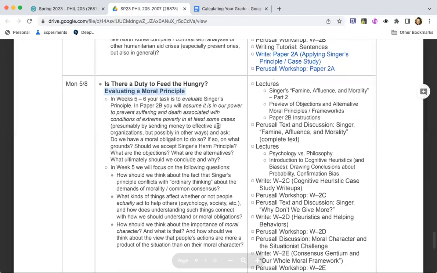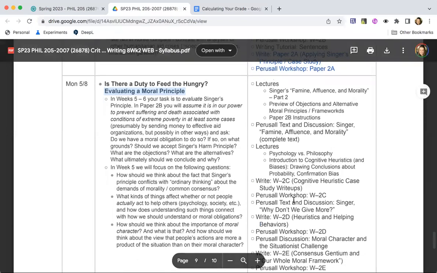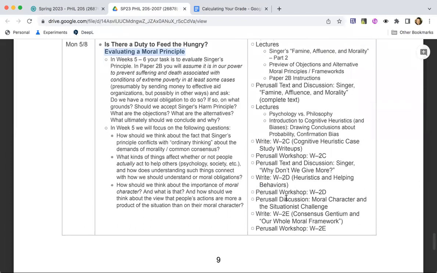We're going to focus in week 5 on the fact that Singer's principle conflicts with what we might call ordinary thinking or common consensus. So that's a theme that'll connect with our earlier content. We're going to look at the psychology of helping behavior. We'll look at what kinds of things actually affect whether or not people help.